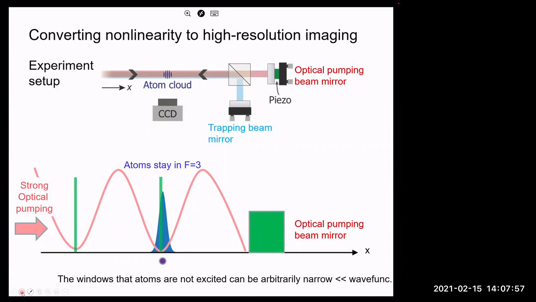Then we can start to ask the question whether we can make this window so small, small compared to the atomic wave function. Our atomic wave function might be nanometer in size, but how about making the window as small as 1 nanometer? Okay, then what will happen? Wouldn't that just be equivalent to really probing this atomic wave function with a nanometer resolution?